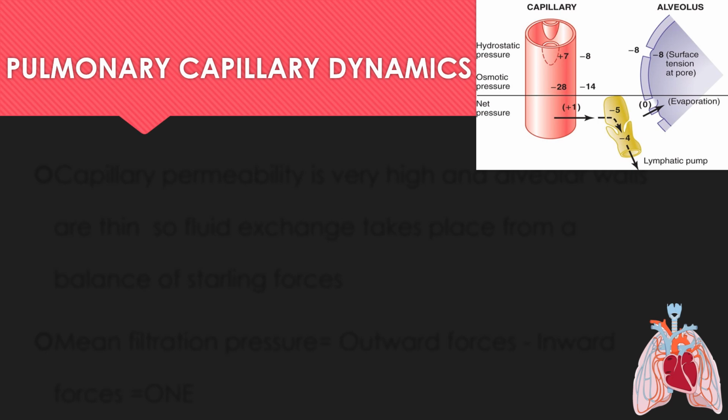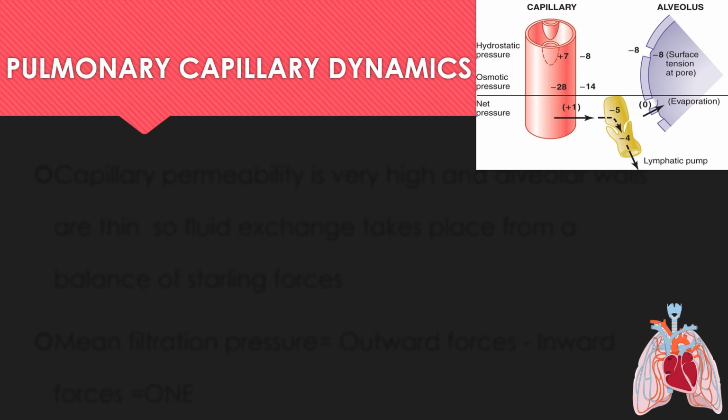Since the capillary pressure is lesser than the osmotic pressure, fluid suction can happen. There can be a suction force to draw fluid from the alveolar interstitial space into the pulmonary capillaries. So this helps to keep the alveoli dry, and the formation of pulmonary edema can be prevented.